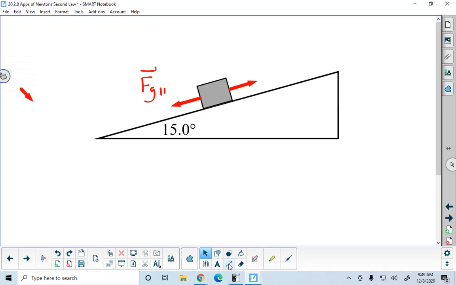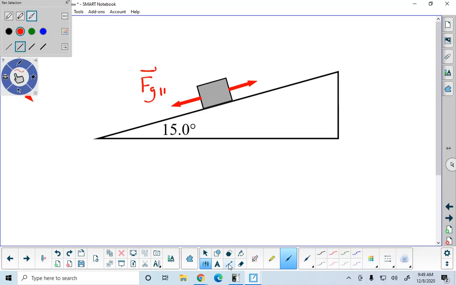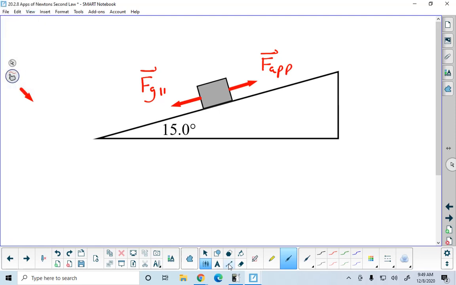Which means that in this particular question, for number 2A, the applied force upwards, which is what you want to find, will be the same as the gravitational component that's parallel to the ramp. If you apply a force up the ramp smaller than it, it won't accelerate up. In fact, it will accelerate down if it's frictionless.